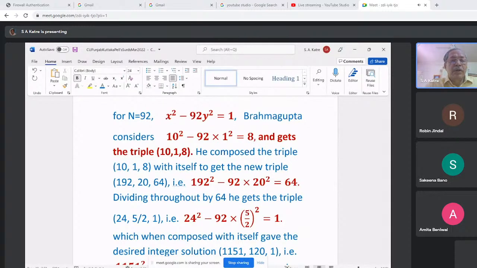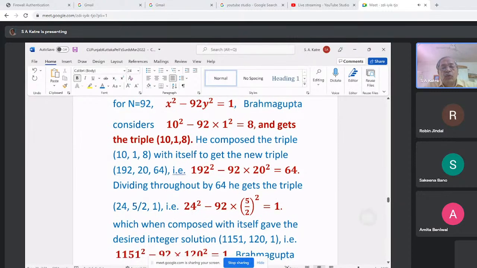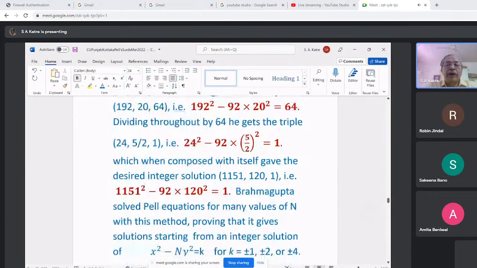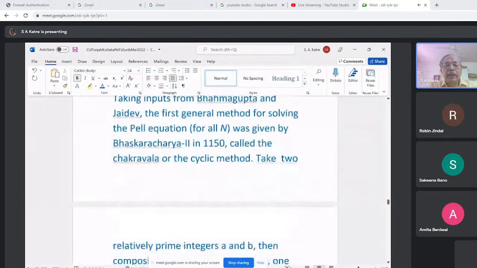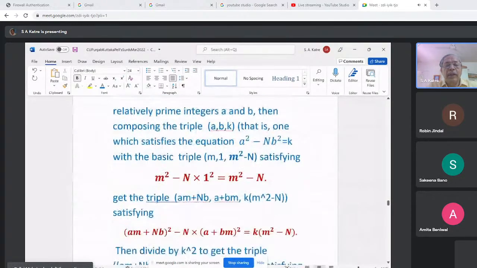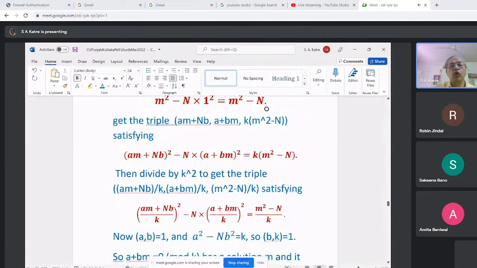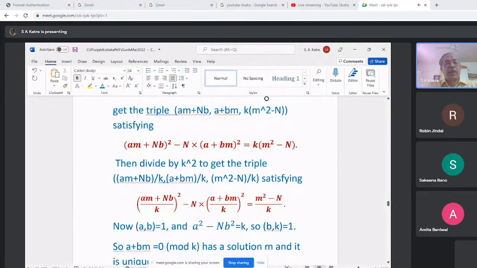So 192 is divided by 8 and 20 was divided by 8. So that becomes 5 by 2 rational number. It's okay. Then you modify it, etc. But here you are not getting k square on the right hand side. Even then, we are dividing by k square. So you are directly allowing rational numbers in this.